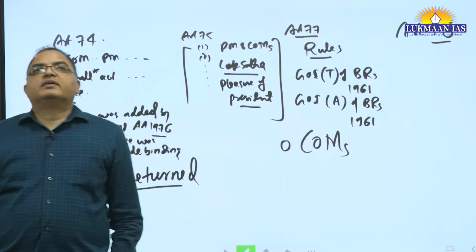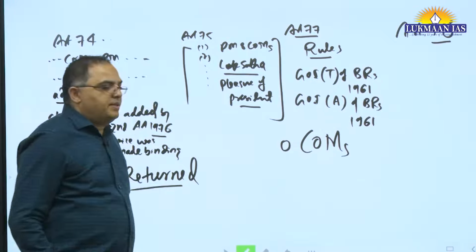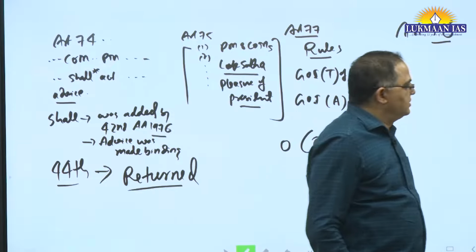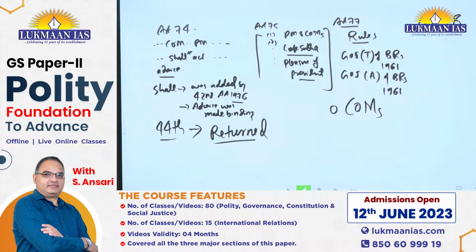So the last line you can write: even if the President is a formal head, he has application of mind, and should be a thinking person, not a rubber stamp.